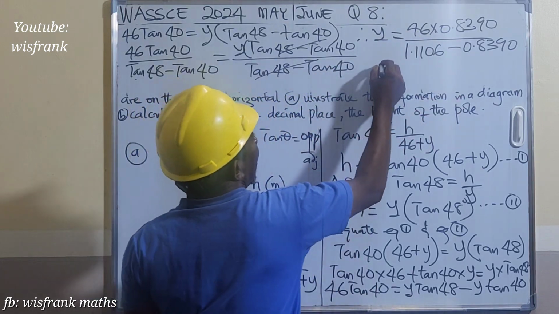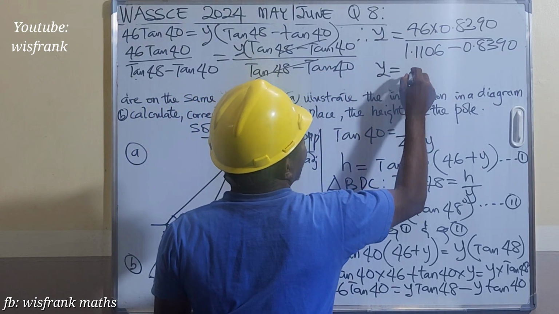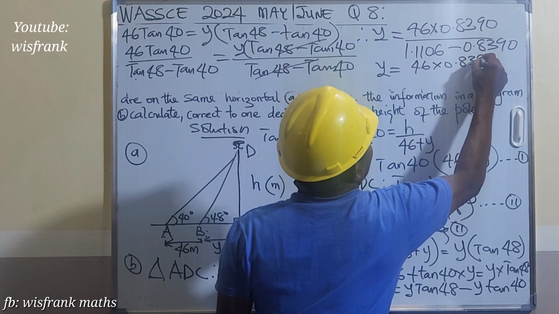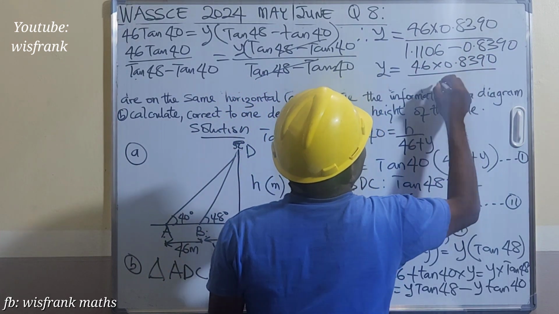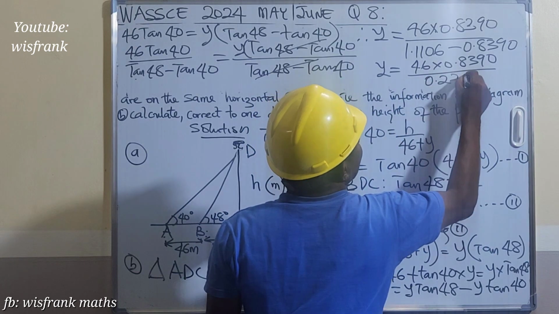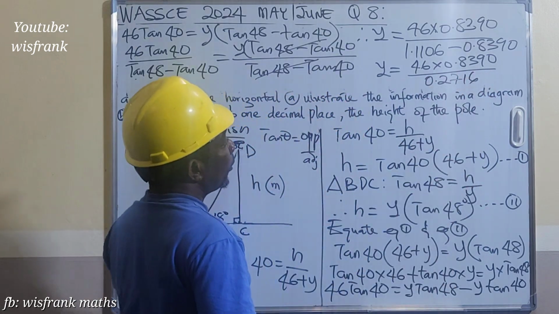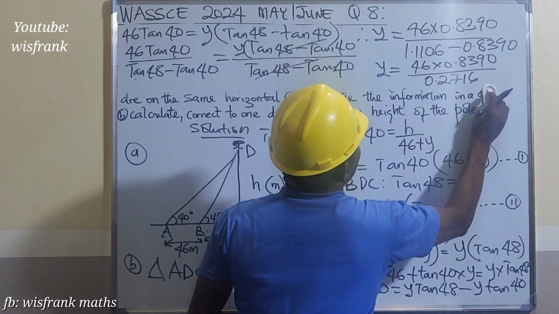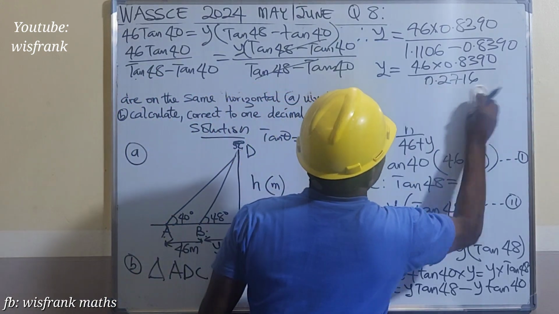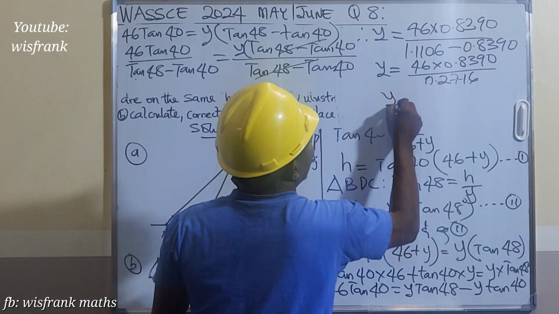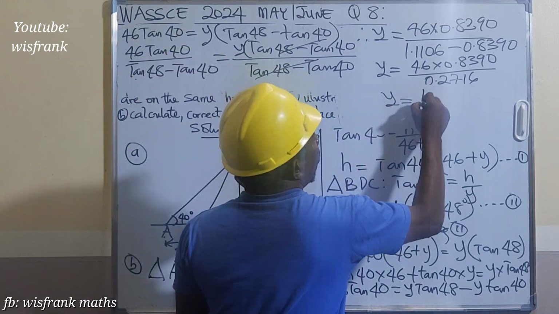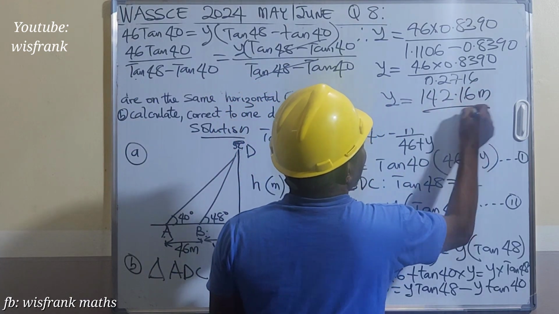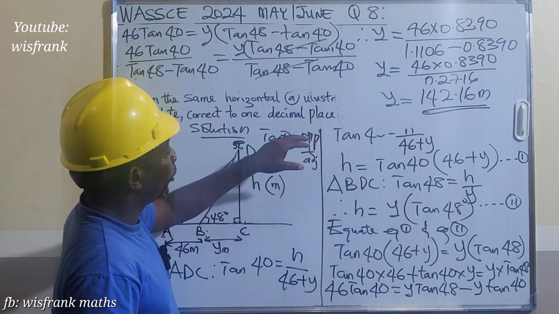When we multiply that, we have y equals 46 times 0.8390 all over 0.716. So this is what we have as y. When we punch our calculator, the value of y will give us y equals 142.16 meters. So this is the value of our y that we've gotten.